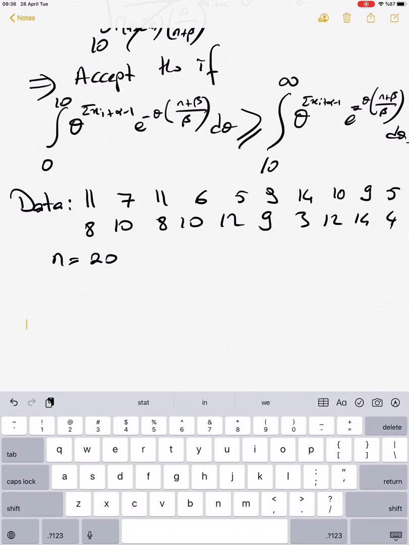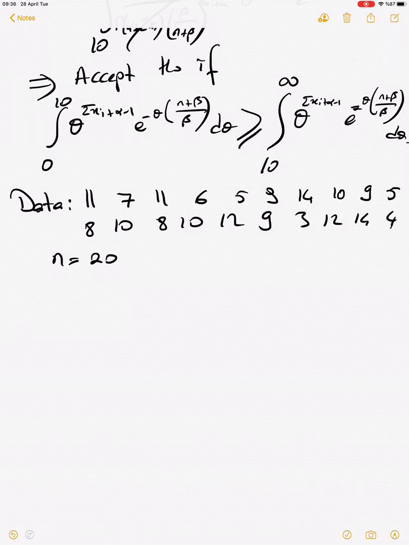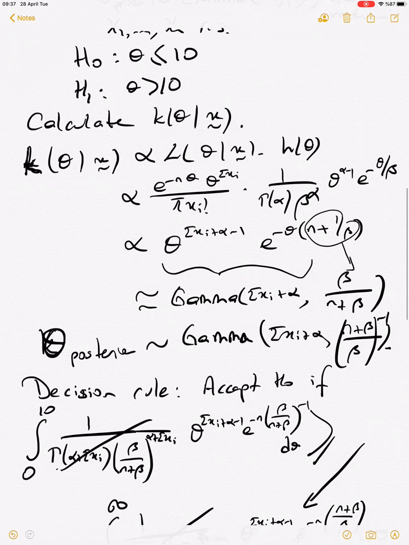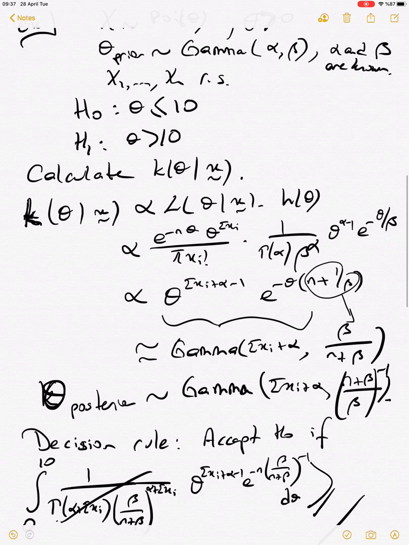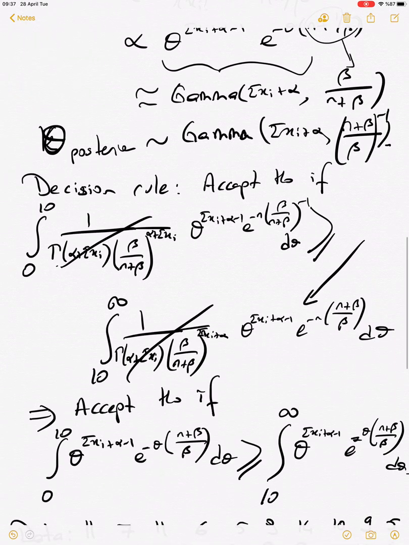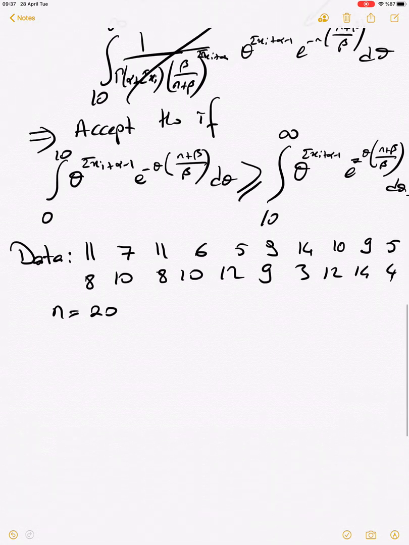So n is this one, and here we have Poisson. We are testing that our theta is 10, right?